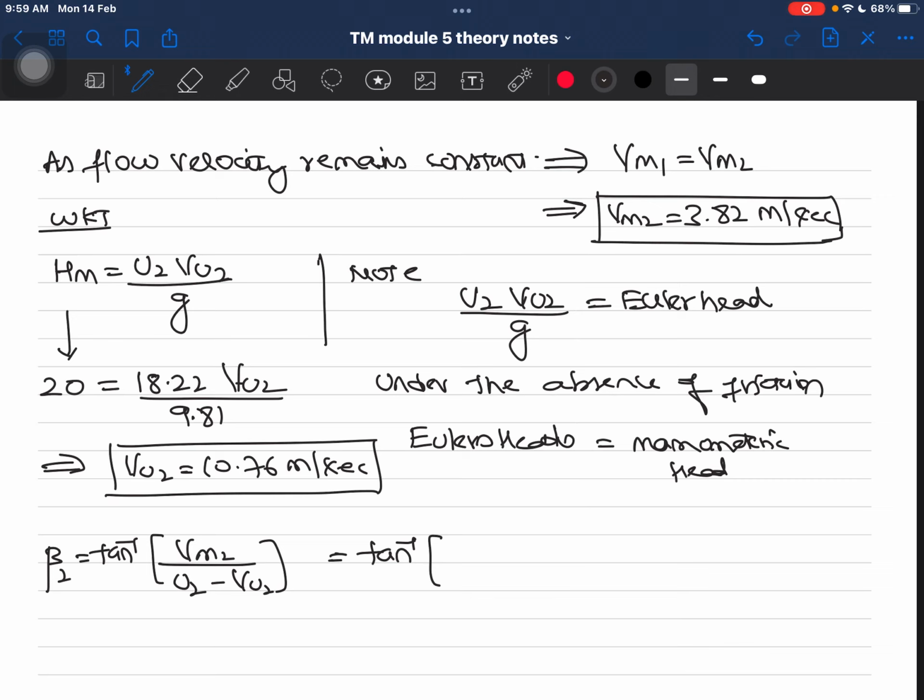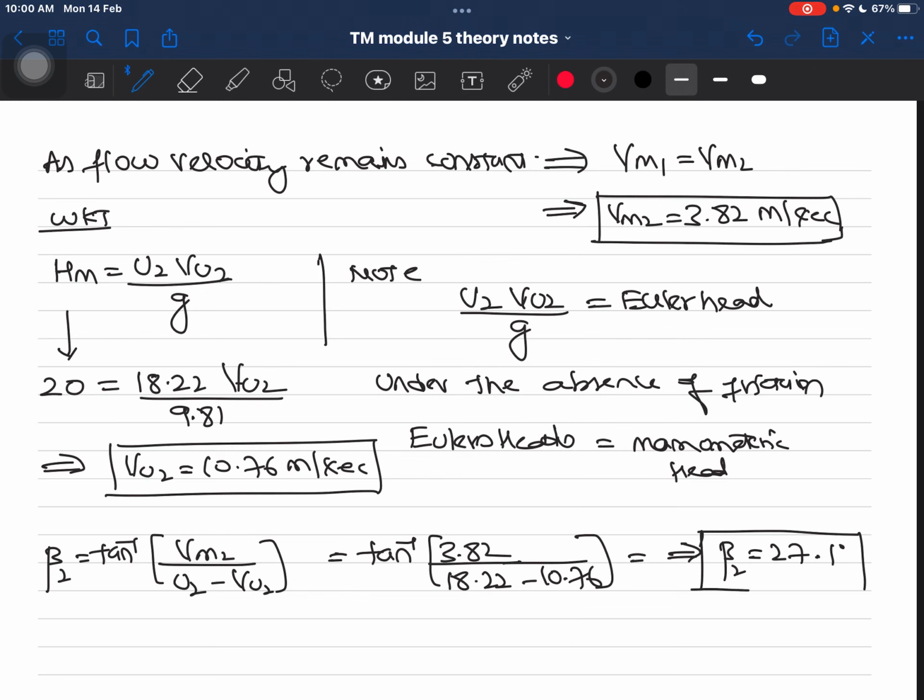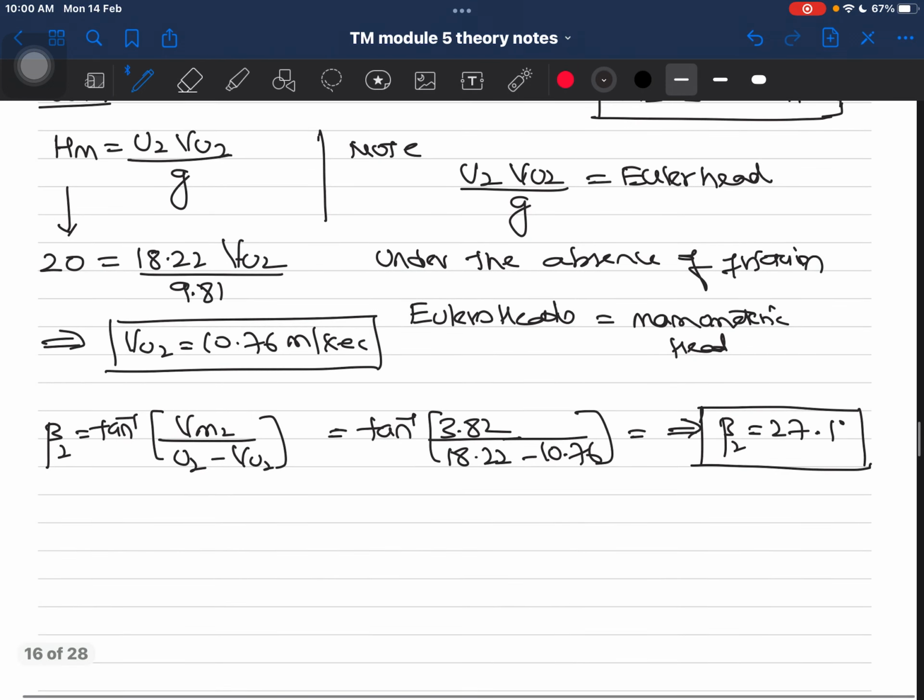Tan inverse of Vm2, which is 3.82, divided by 18.22 minus 10.76. So beta 2 is equal to 27.1 degrees.